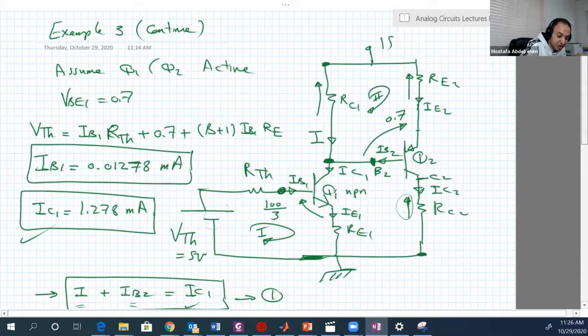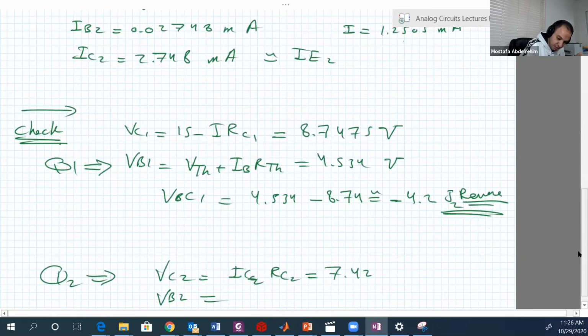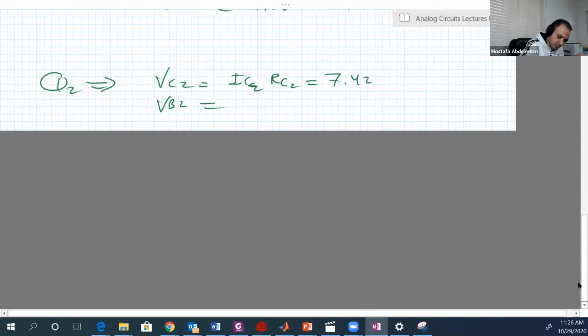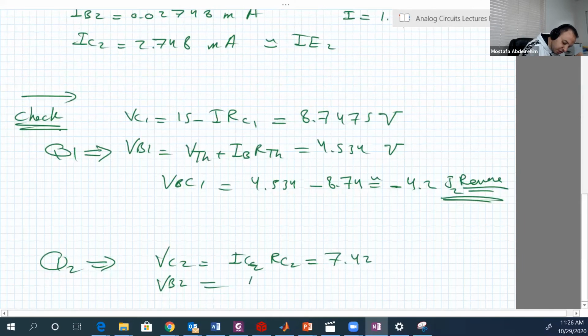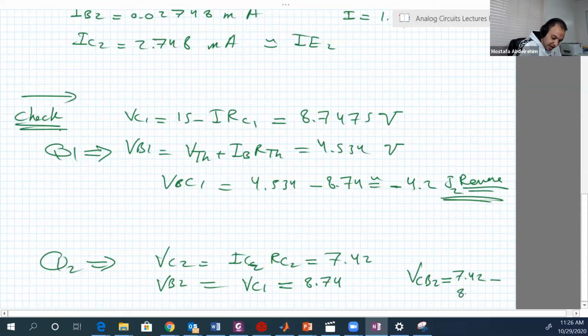So VB2 is equal to VC1, which is 8.74. Now VCB2, which should be less than 0.4, equals 7.42 minus 8.74. It's around minus 1.3, something like this. Since it's a minus, J2 of Q2 is also reverse biased. So the assumption is correct for both Q1 and Q2.